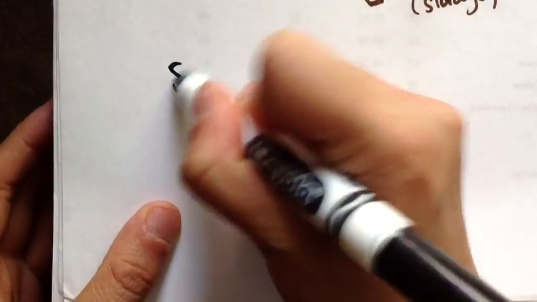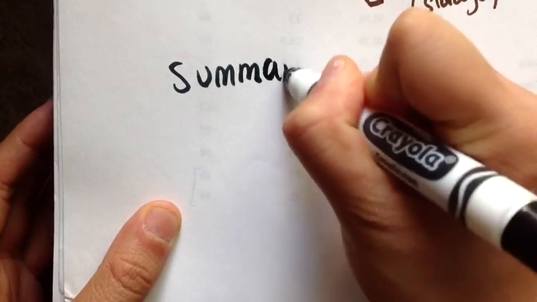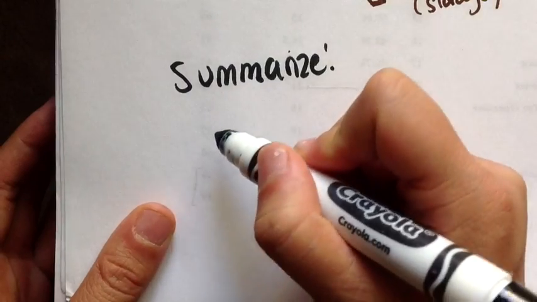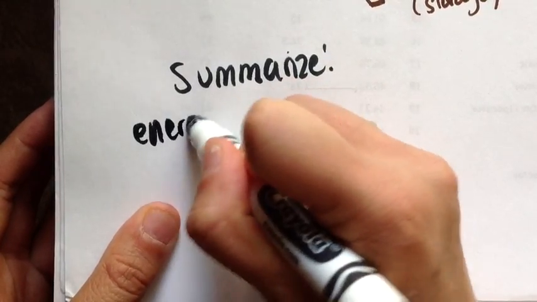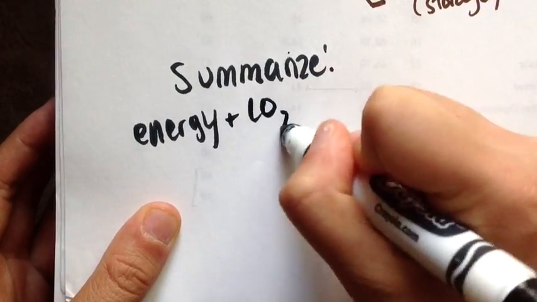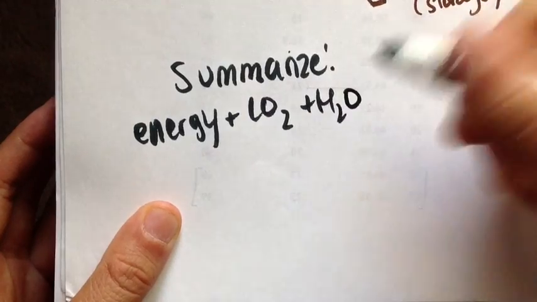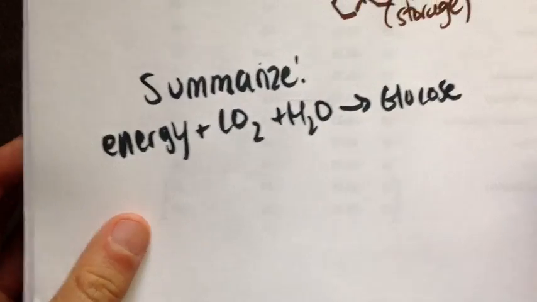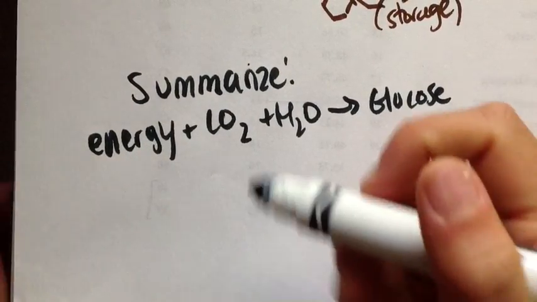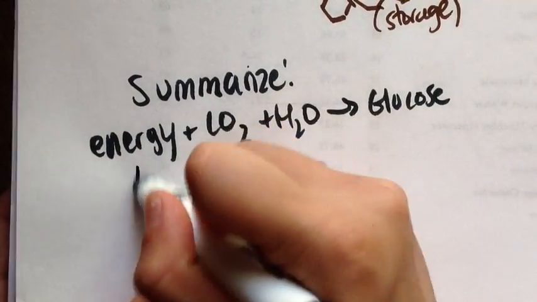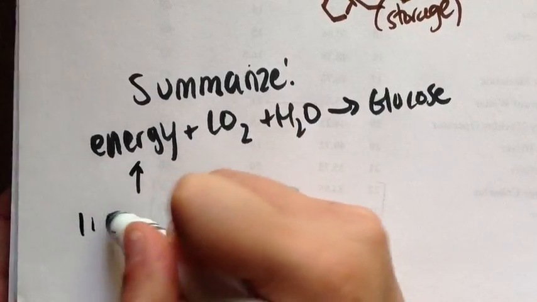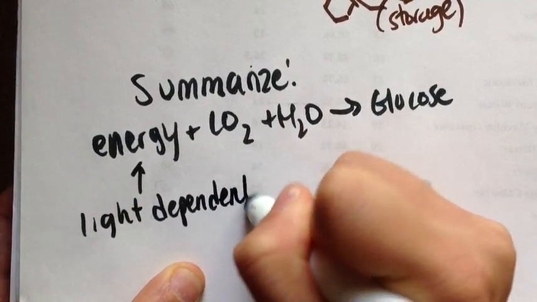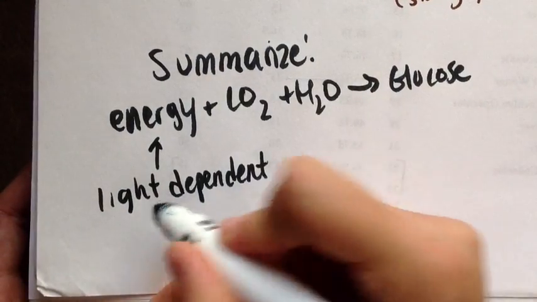So now we just want to make sure we summarize photosynthesis. You go ahead and take a shot at it, but for me, when I think of photosynthesis, we take energy from the sun, plus carbon dioxide, plus water, and we're trying to make glucose. Oxygen's just a side product. So how do we do that? We have two steps. We have the energy step, which we get from the light-dependent stage, where we use energy from the sun.